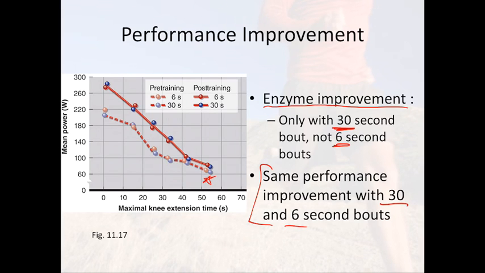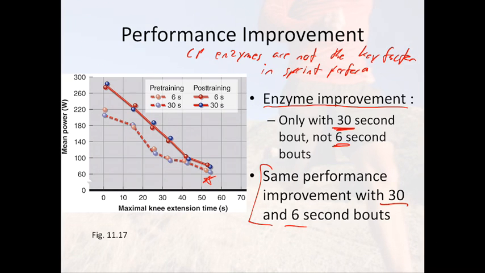No difference between the two groups in performance, even though the enzyme improvement was different. So what this tells us is these creatine phosphate system enzymes are not the key factor in sprint performance.